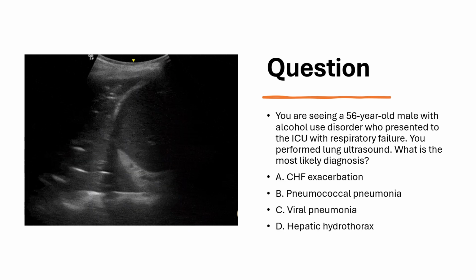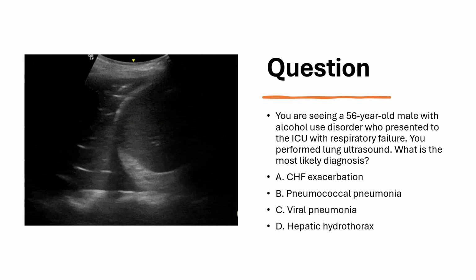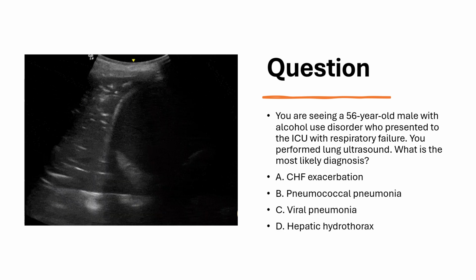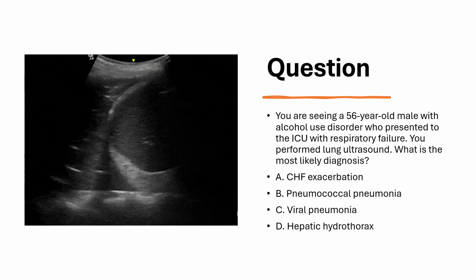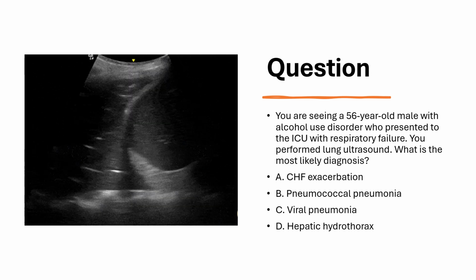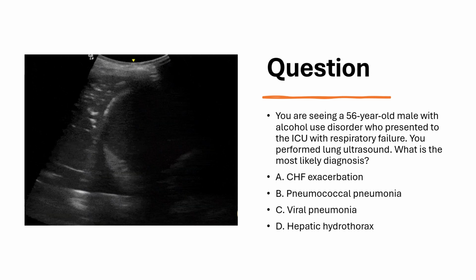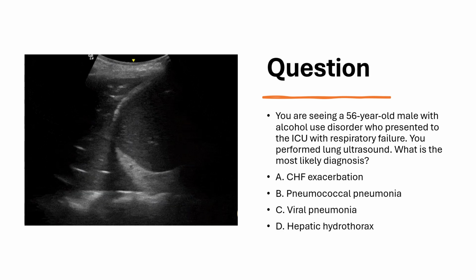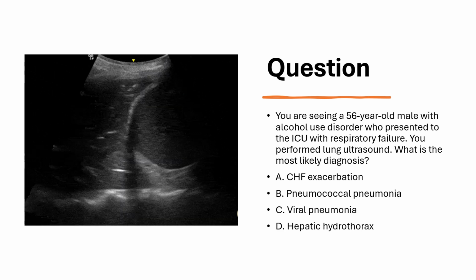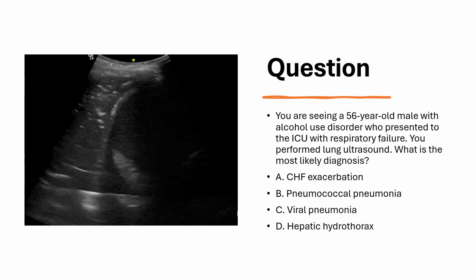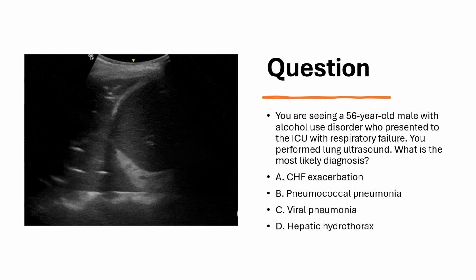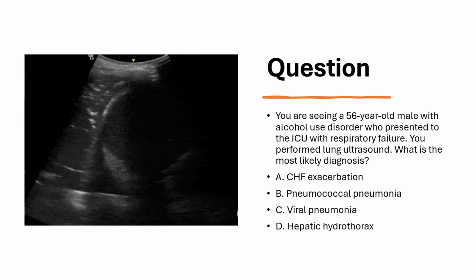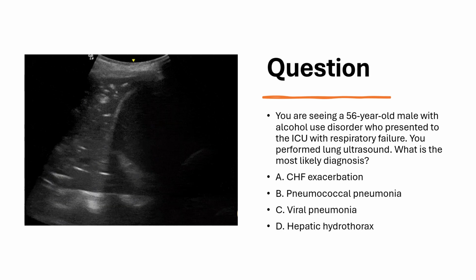Let's take a look and review the image. On the right part of the image, you see either liver or spleen and the diaphragm. Above the diaphragm, you see a densely consolidated lung, a small amount of pleural effusion posteriorly, a spine sign, and you see white strands within the consolidated lung. You notice that these white strands are moving with respiration, which is called a dynamic air bronchogram.